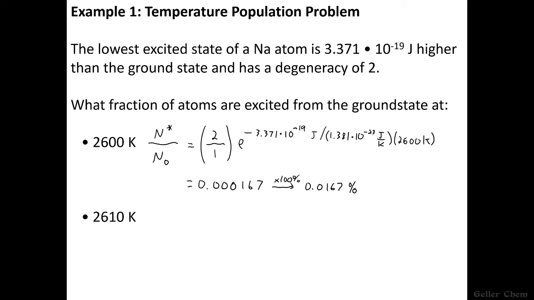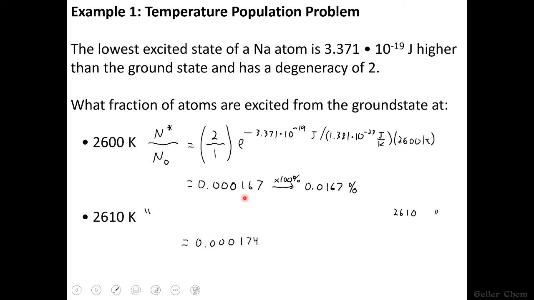So literally, we would just use the exact same equation as above, except instead of 2600, we would plug in 2610. And if we plug that all into our calculator, the fraction that we get is now 0.000174. Which still seems very small, and it is.